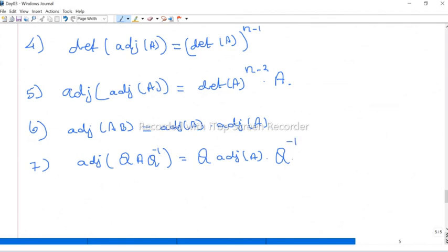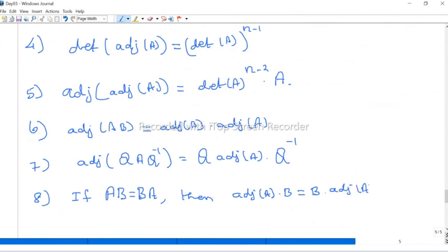The next property of adjoint: suppose we have two matrices A and B that satisfy the commutative property, AB equal to BA. Then what about the adjoint? Then adjoint of A into B equals B into adjoint of A. So these are all properties of adjoint.